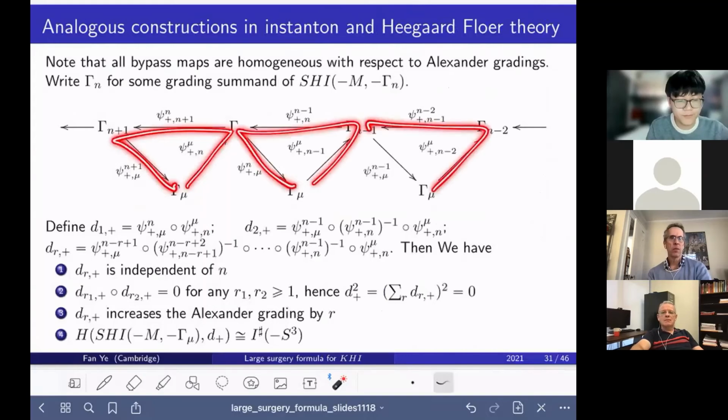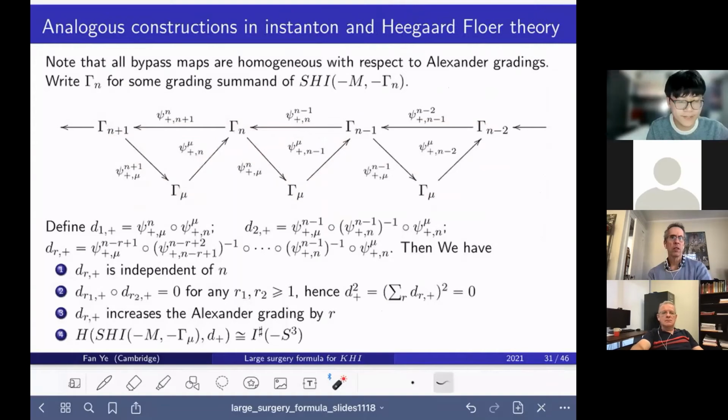And remember that the bypass maps are homogeneous with respect to Alexander grading. So indeed, we can calculate the grading shift of this map, and indeed, the grading shift of this map is just 1. And we define this map to be the differential D1 plus.